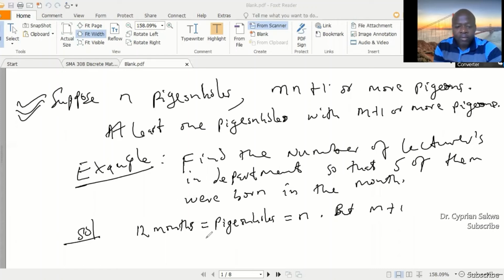And so this m plus 1 is 5, the one that 5 of them were born in the same month. So that means m plus 1 is 5, and therefore m is 4.